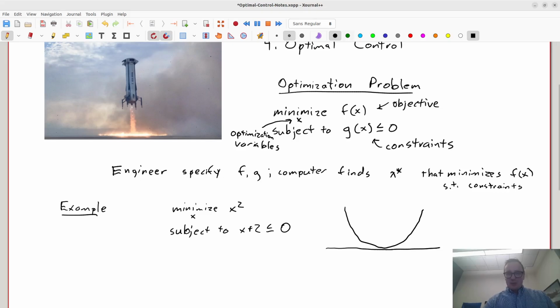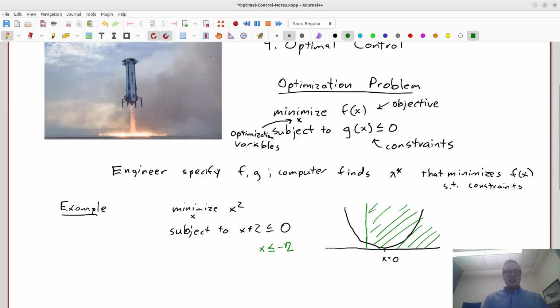So I can move the negative 2 over to the right-hand side. And I can mark that region here: if this is x equals 0 and this green line is at x equals negative 2, then this whole region over here is infeasible.